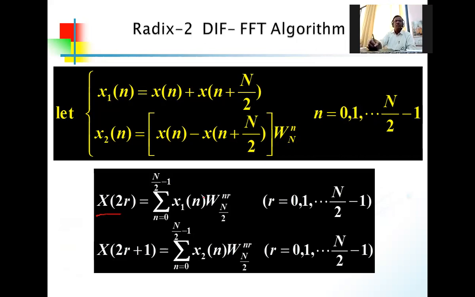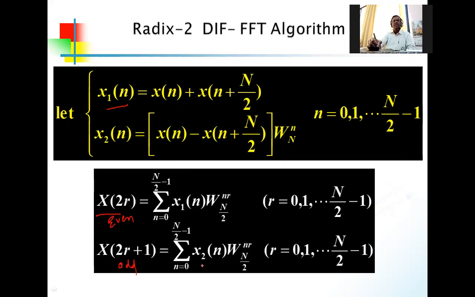So x of 2r becomes n equals to 0 to n by 2 minus 1 x1 of n, where this value will be same as this one x1 of n, and wn by 2 to the power nr. So then again similarly this is for even function and this is for the odd function.